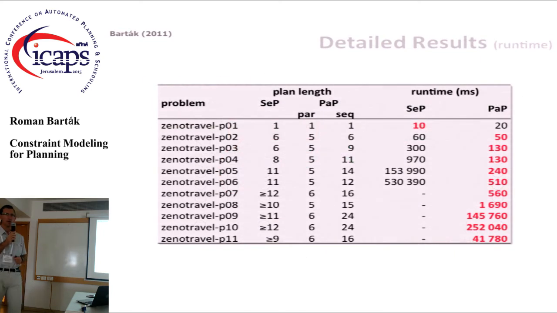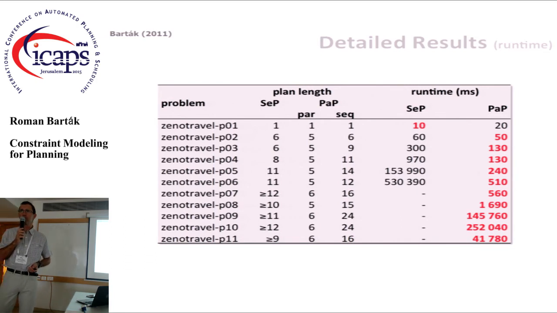Okay, this one. So SEP, is that always finding the optimal solution? Yes, that's because of the principle of extending the layers, right? And you're really not comparing apples with apples. Yes, exactly.